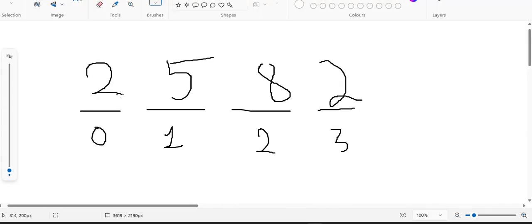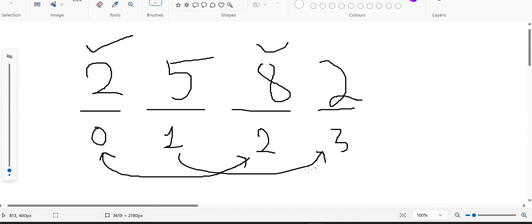So what are the even indices? These two are the even indices, 0 and 2. And what are the odd ones? Okay, let's talk about the even indices first. At the even indices, the digits present will be even. 2 is even, 8 is even. At the odd indices, we should check that the digits must be prime.